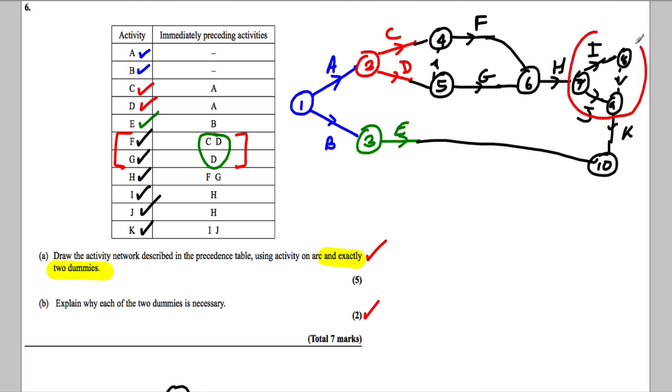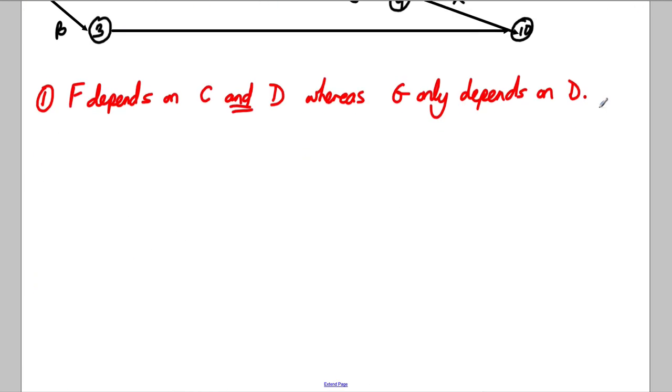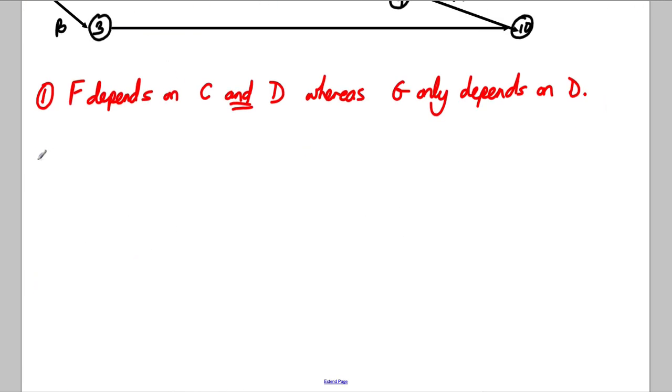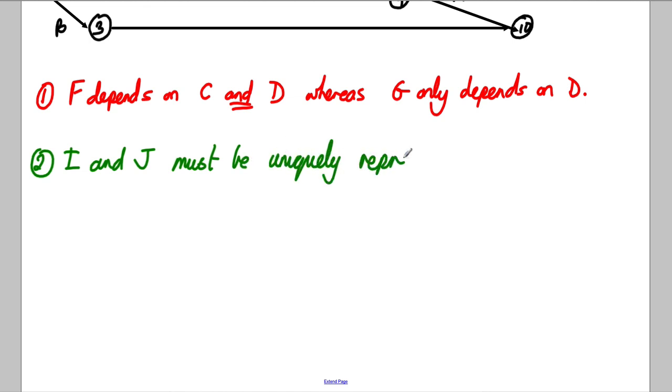Okay, that's always the first one, and the other one is to do with this here. Now these would have started and finished at the same point were it not for a dummy, and there's a way you have to express that. I and J must be uniquely represented in terms of their events. So you just state for number 2 that I and J must be uniquely represented by their events.